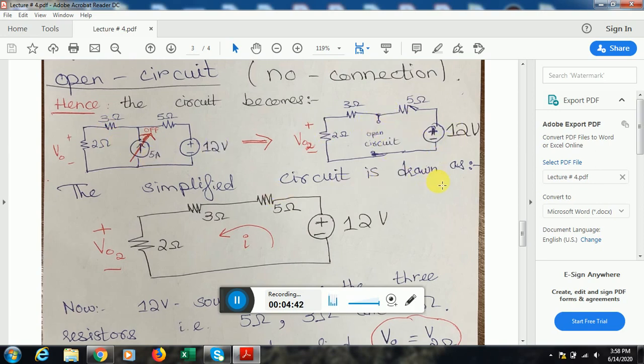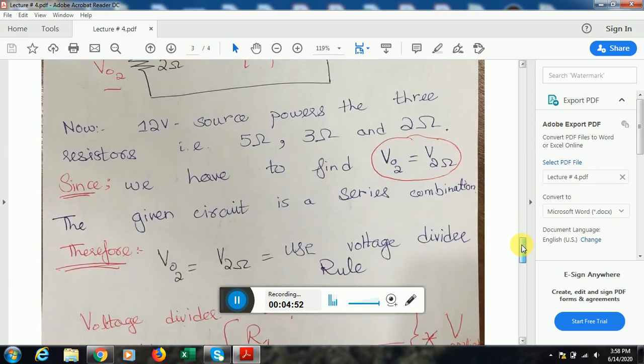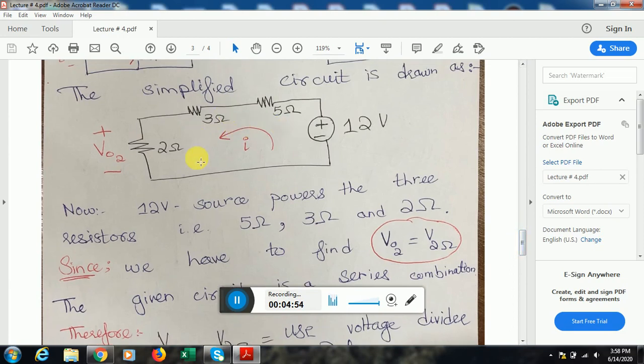Now further simplifying the circuit, I have one 12 volt voltage source that powers these three resistors, and these three resistors are in series with each other. Please remember that voltage across a series circuit is divided, however the current is the same. The same I is flowing through each of them. However, the 12 volt will be divided among all of these.